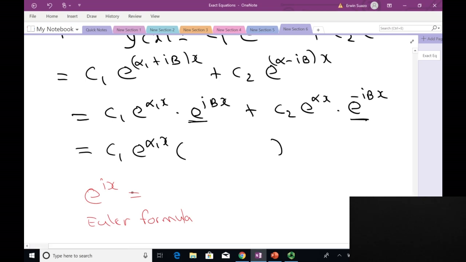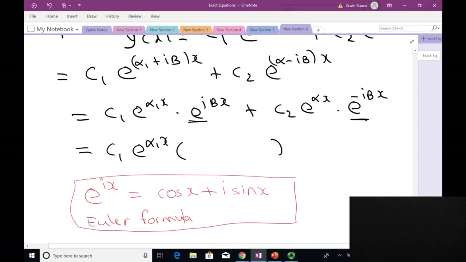So this formula is famous: cosine of x plus i sine of x. This is called Euler formula. Okay? Have you guys seen it before? No? Okay, so this is good. You're gonna see why we like it.